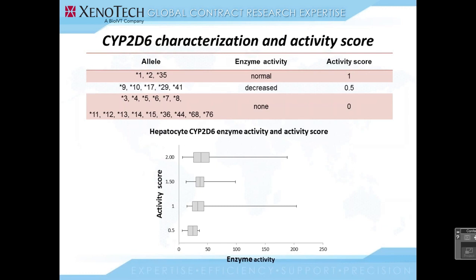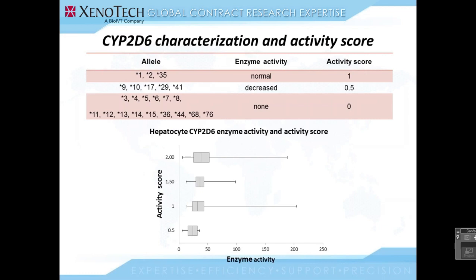In our hepatocytes, as indicated by a box and whisker graph on the slide, there is an expected correlation between the activity score and dextromethorphan demethylase activity of the protein. The median enzyme activity declines in parallel to declining activity score, and the median enzyme activity is indicated by the vertical bar in the middle of the box.